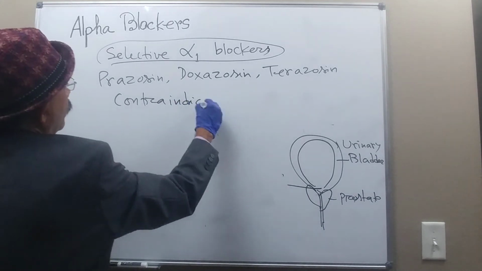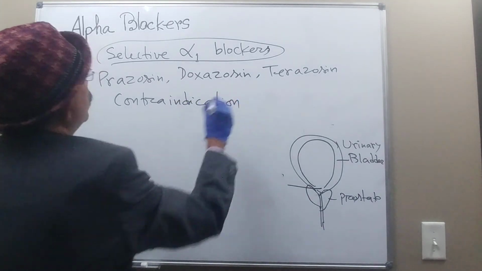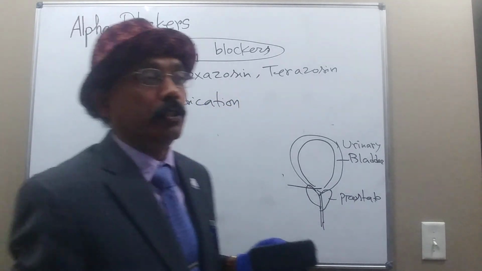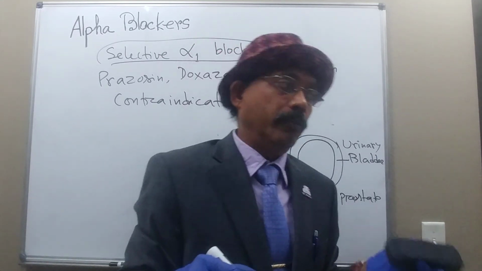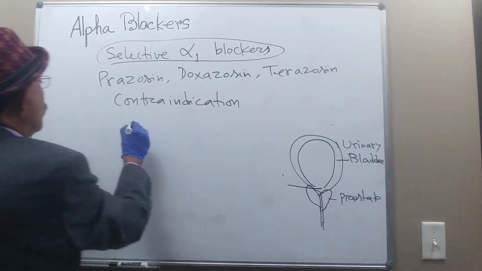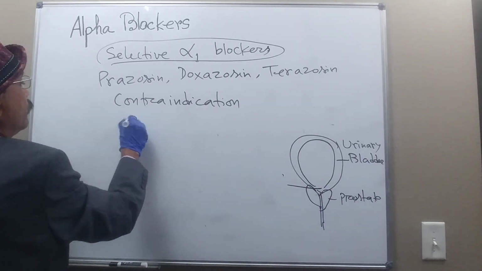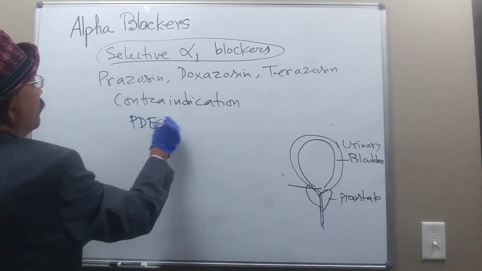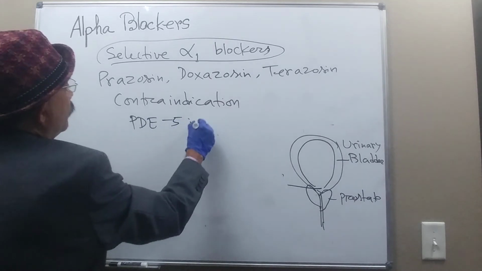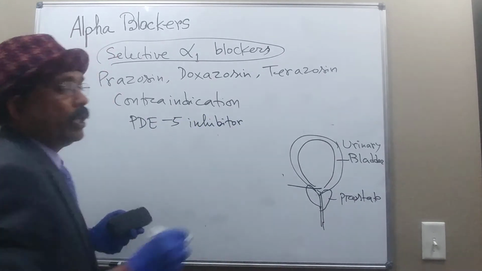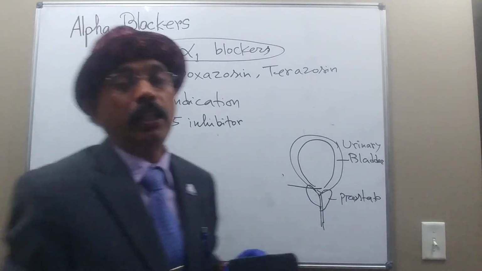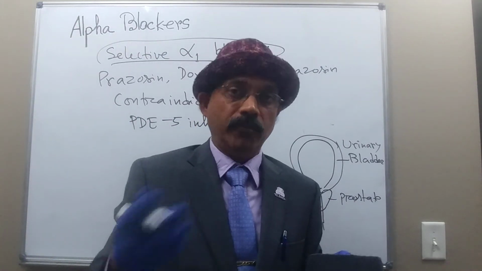The person who takes the alpha-1 blocker should not take the medication called PDE5 inhibitor that is used in case of erectile dysfunction like Viagra or Cialis.